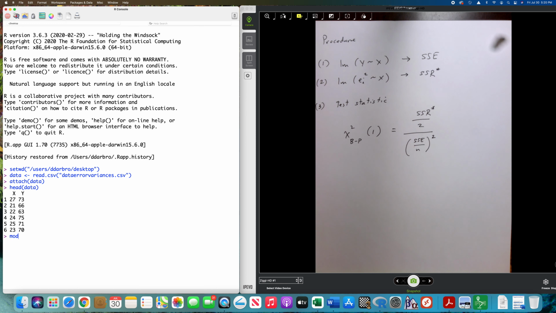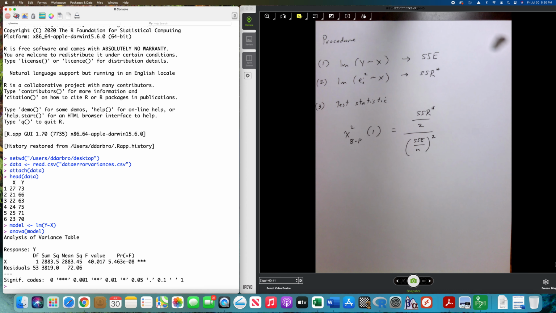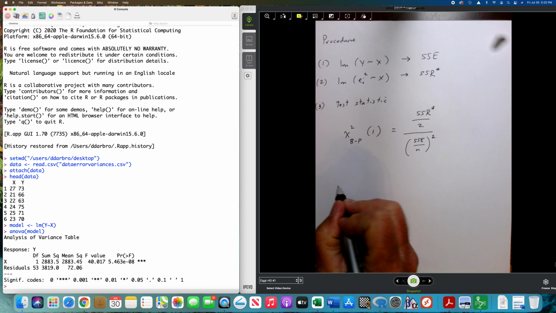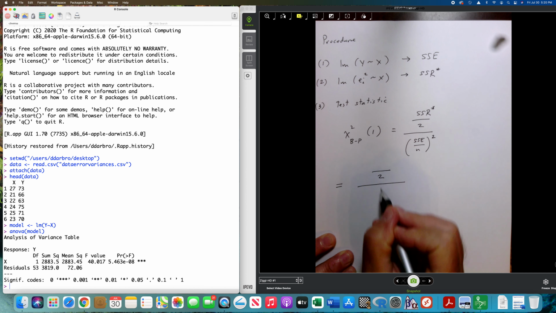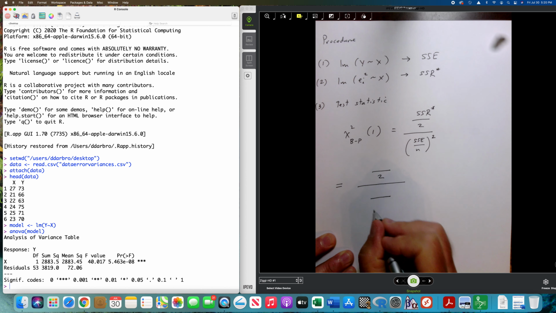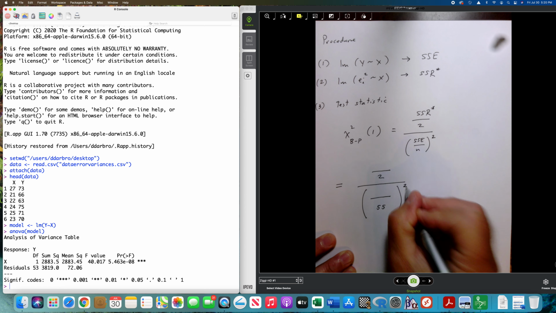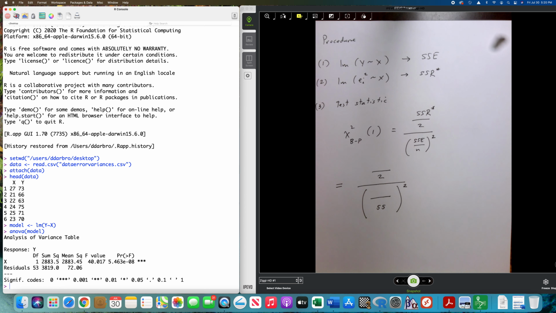The first thing we're going to do is just create a standard model. Let's go ahead and start putting some things in. N is 55, I believe. So I need the sum of squares error for this model.